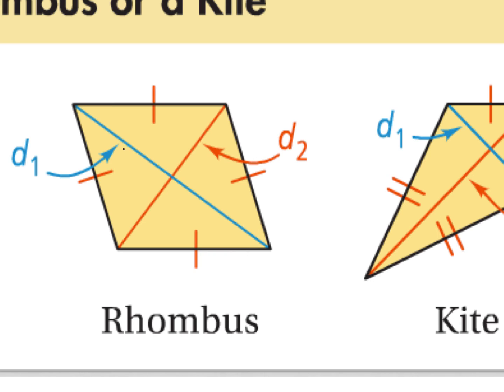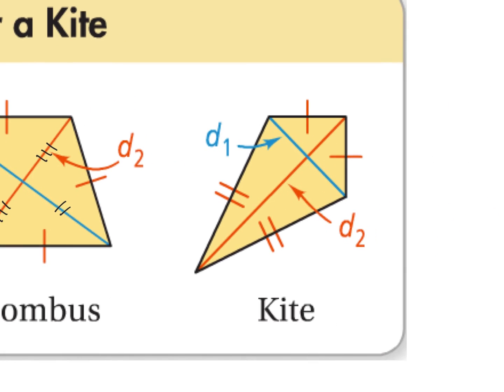So what that means is this piece and this piece, that blue diagonal, is cut into 2 equal pieces. And the red diagonal is also cut into 2 equal pieces that are different from the 2 blue ones. Just remember that whenever you have diagonals of a rhombus, they're going to be cut into 2 equal pieces, and that's something you're going to have to use here in a bit.